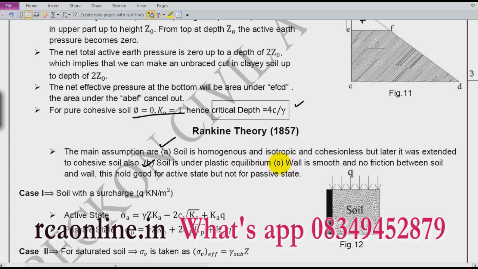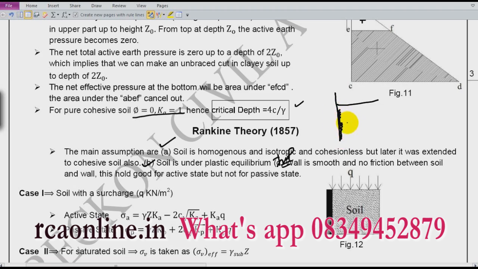Third and the most important assumption, what he said, is that the wall is smooth and there is no friction between soil and wall. This is very important, friend. What he said is that if I have a wall and a soil, then at the interface there will be no friction, which is not possible.